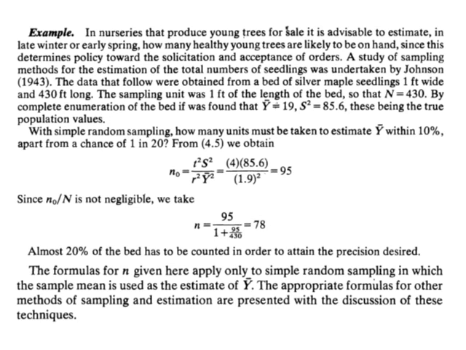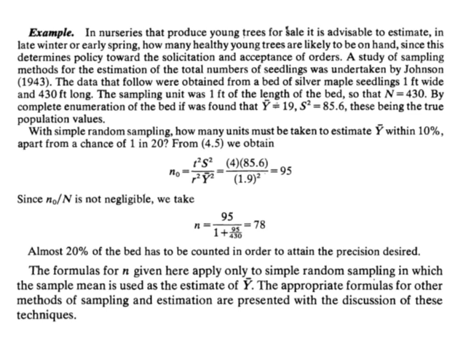Let's take an example. In nurseries that produce young trees for sale, it is desirable in late winter or early spring to know how many healthy young trees are likely to be on hand, since this determines the policy towards fertilization and acceptance of orders.